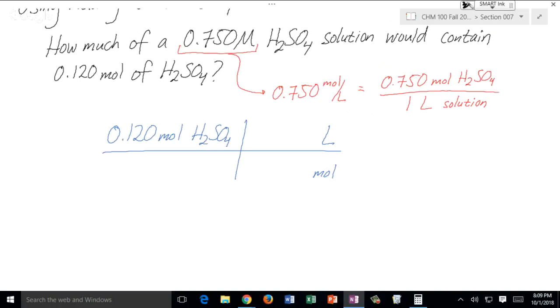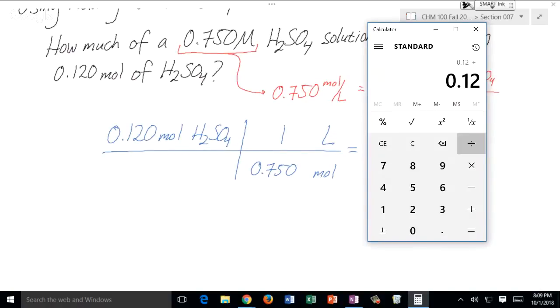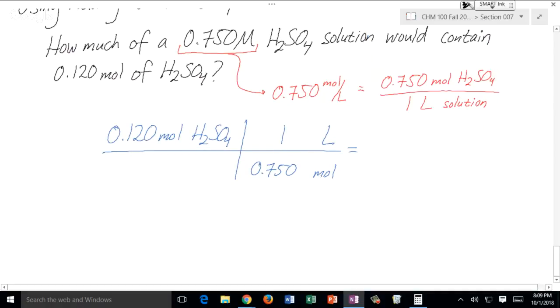These numbers come from the molarity. So in this case, the moles cancel, and we're left with liters, and that's what we want. So we convert from moles to liters using the molarity as a conversion factor.